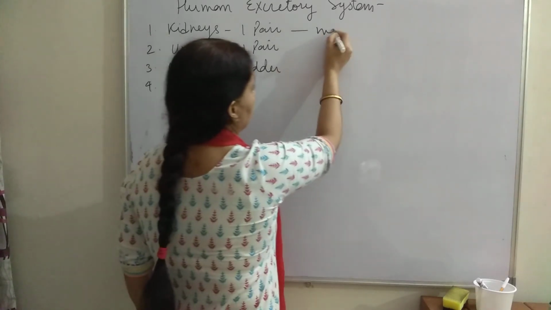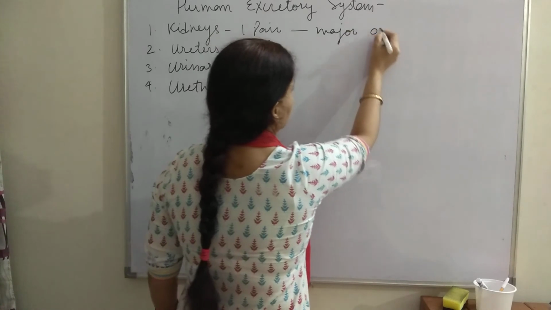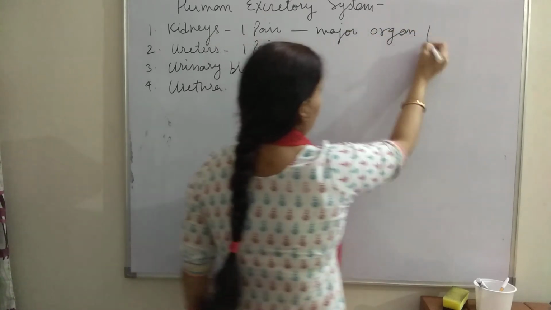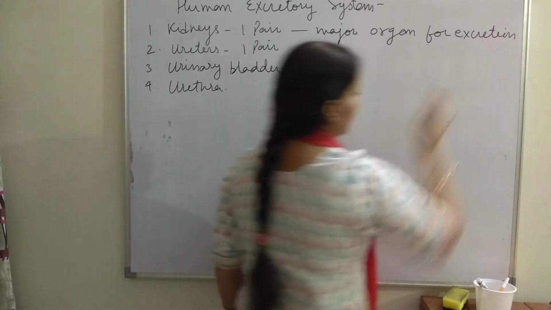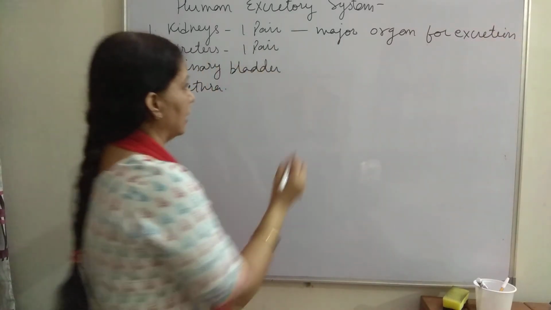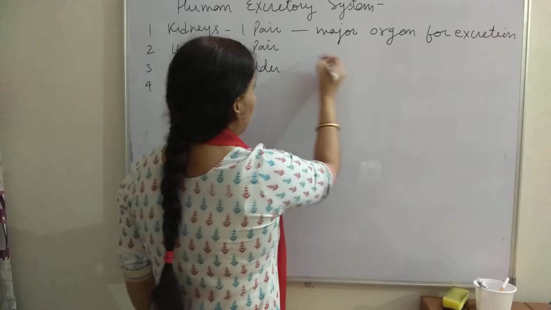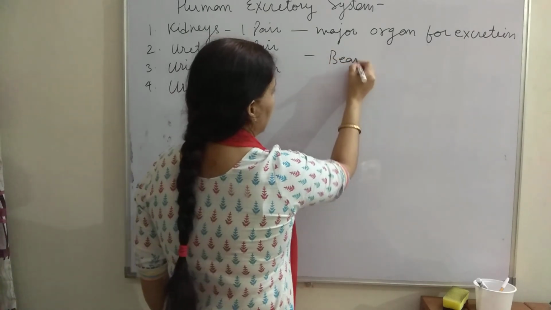Kidneys are the major organs for excretion, not only in human beings but in terrestrial animals and other vertebrates also. These kidneys are bean shaped.